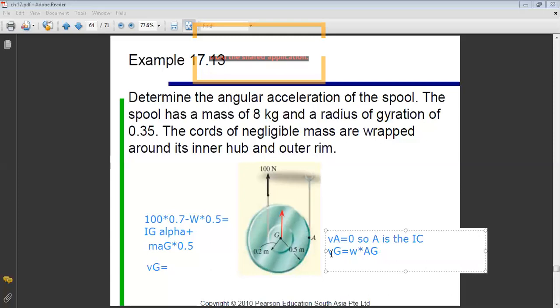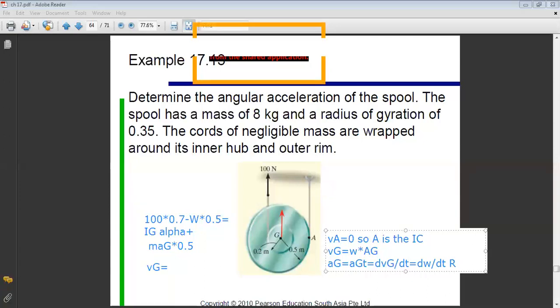So to find AG, which is restricted to AG tangential because it's a rectilinear motion for G, it is equal to the derivative of VG with respect to time. If you differentiate VG with respect to time, AG is constant, and d omega by dt will give you alpha. So alpha is d omega by dt times r.